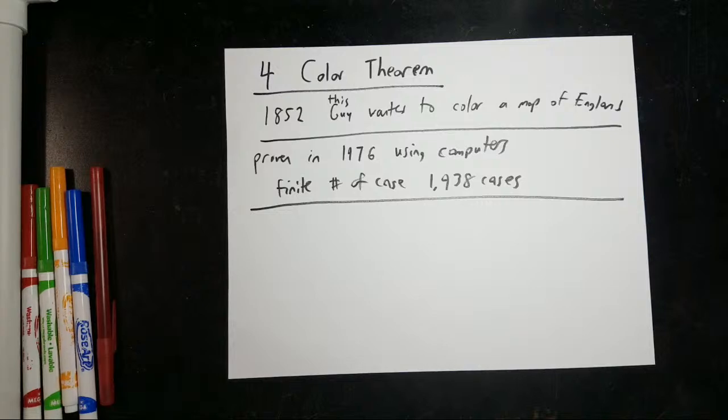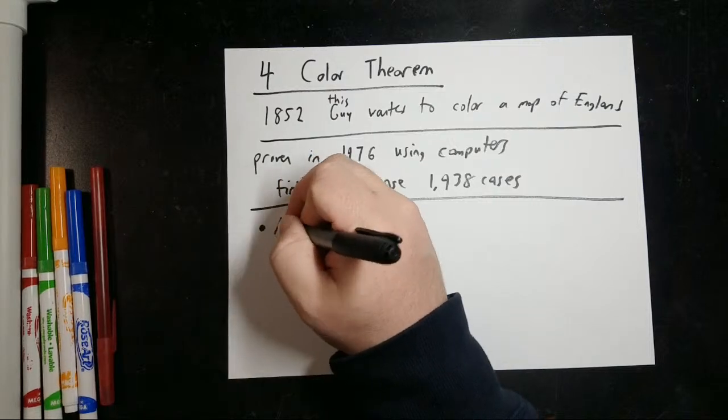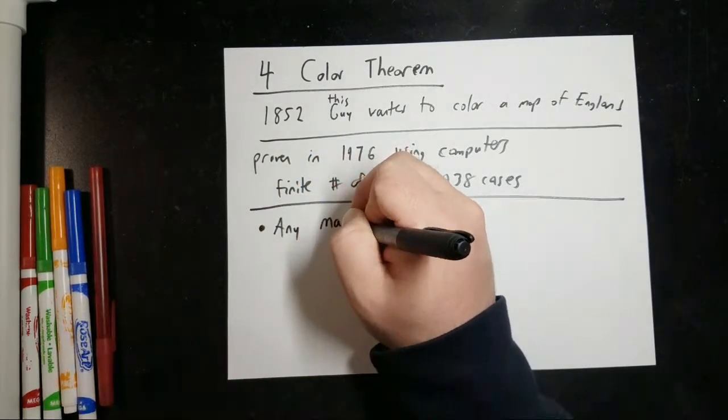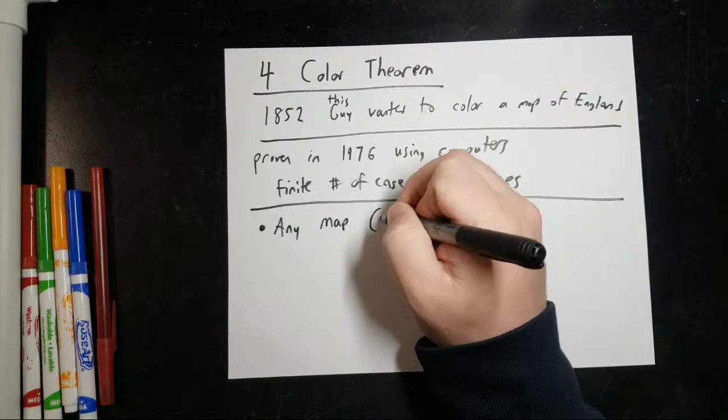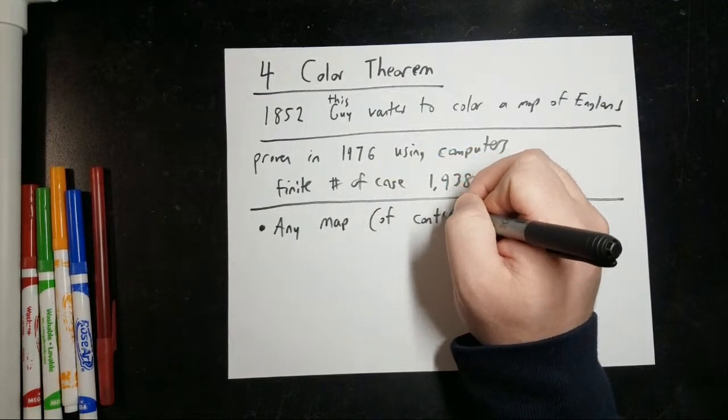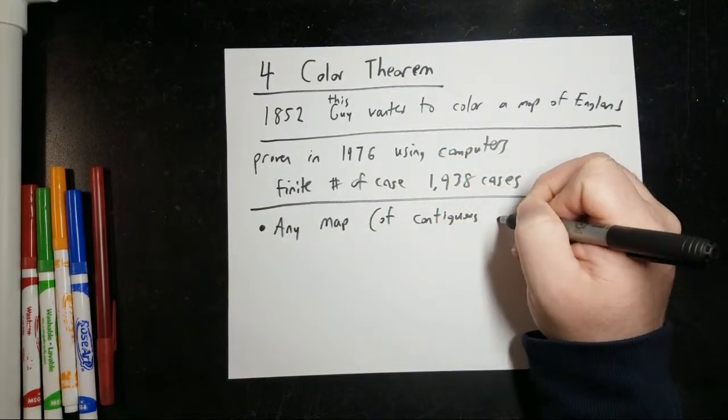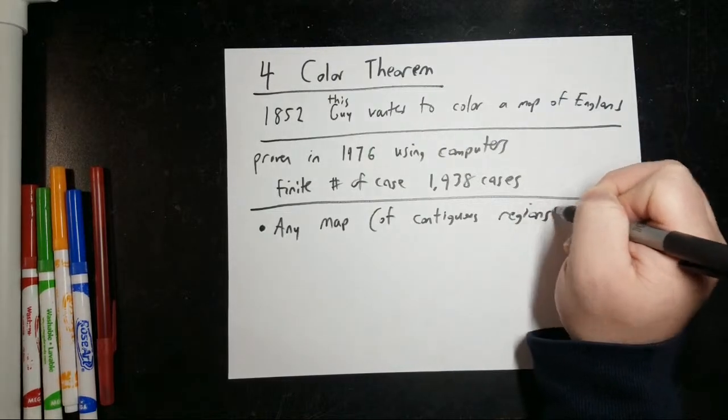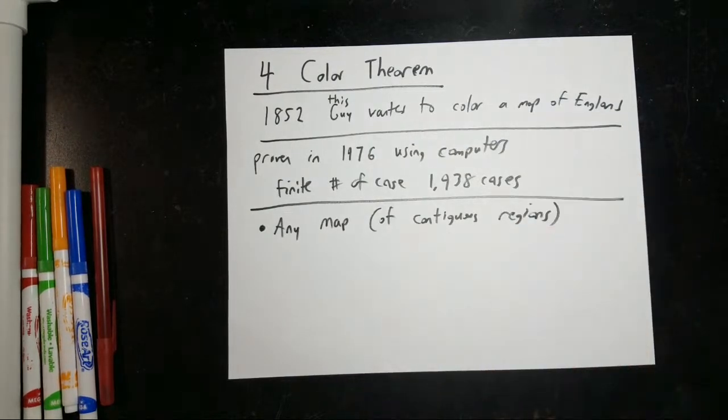Now, the actual four-color theorem basically comes down to this. Any map, parentheses, of contiguous regions. When I say contiguous regions, think of something like Michigan, for example. Michigan is broken up into two sections, so that's not contiguous. Contiguous just means that they're connected.